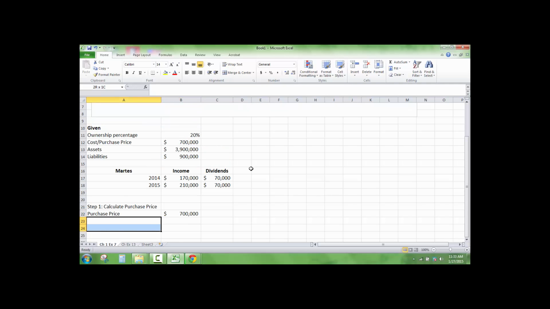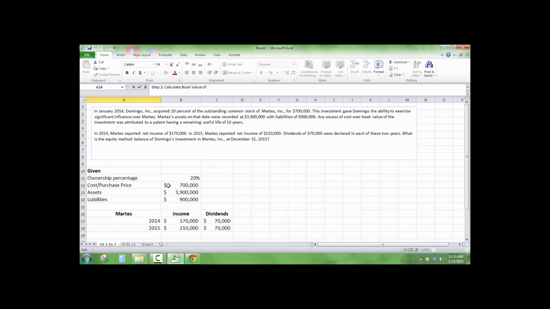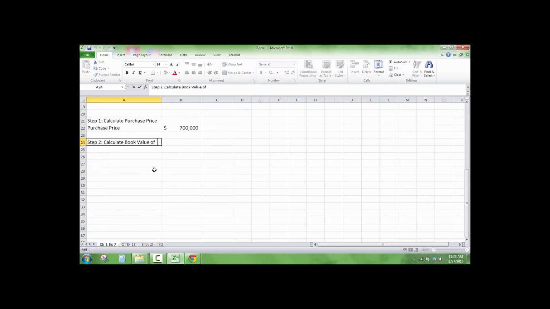Step 2. Calculate book value of the subsidiary, or of Martis. So assets minus liabilities equals equity or book value.